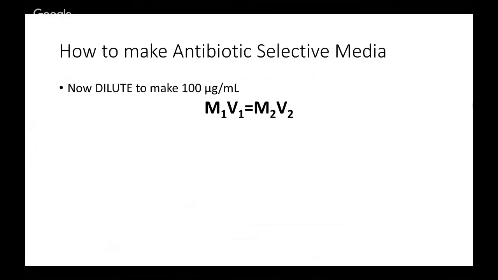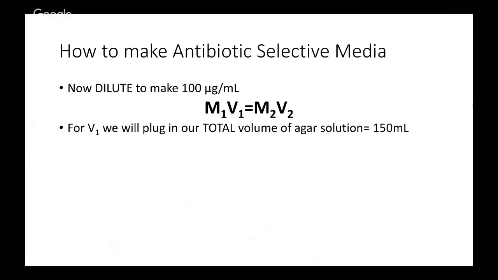Now dilute it with this handy dandy, really cool equation, M1V1 equals M2V2. One side is going to equal the other side, which is awesome. So we're going to plug in for our V1, 150 milliliters, which is the amount of agar that you're using for 7 plates.